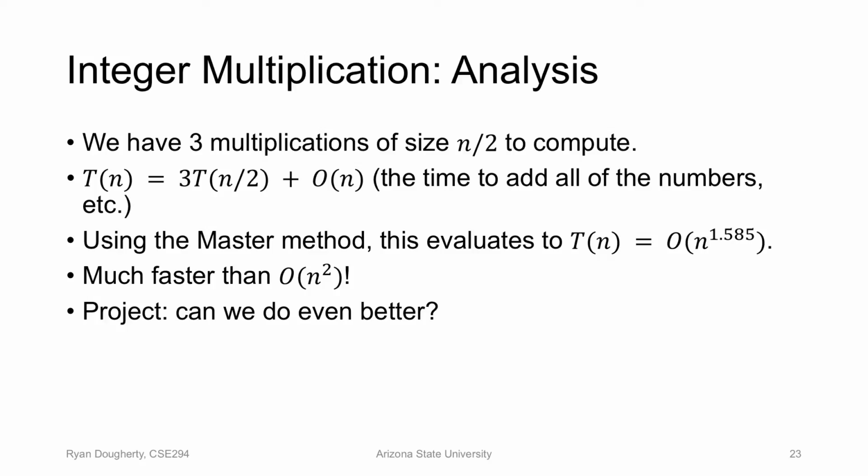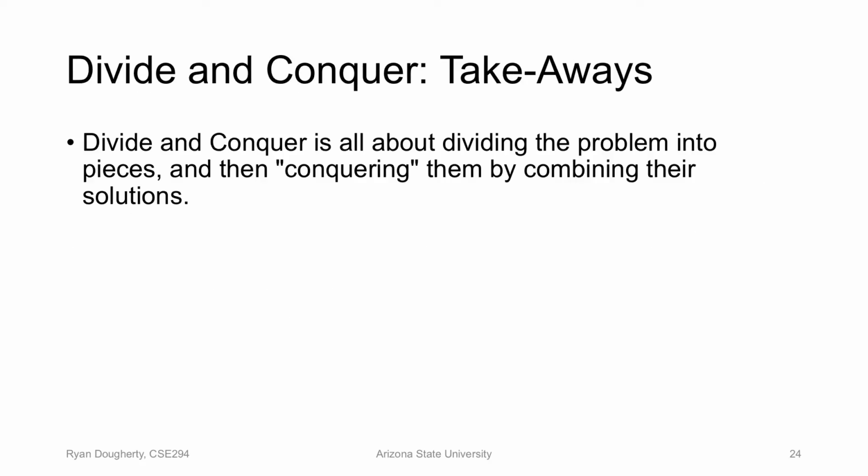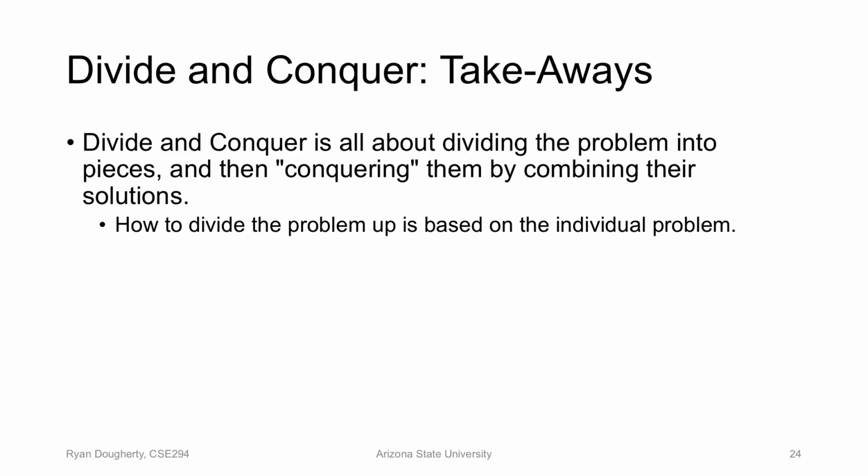But the whole goal is to be able to look at divide and conquer as a strategy for solving problems. So what you do is you split the problem into pieces and combine the pieces. We've seen that numerous times. But how to divide the problem up is clearly based on the individual problem, because like for Towers of Hanoi, we only reduced the problem size by 1, but for integer multiplication, we divided the size by 2.